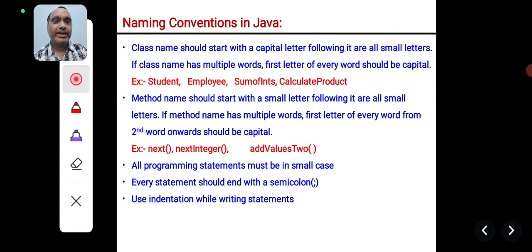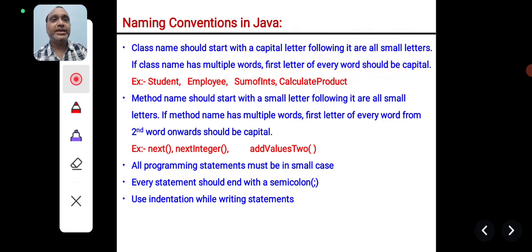When you are assigning a name to a class, that class name should always start with a capital letter. So the class name we have to start with a capital letter. If the class name has multiple words, then the first letter of every word must be written in capital letters.